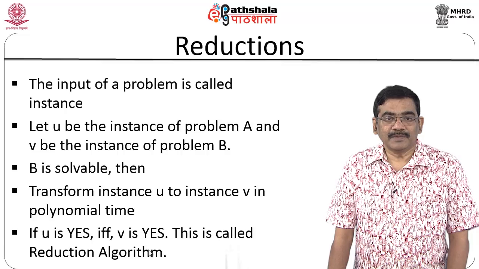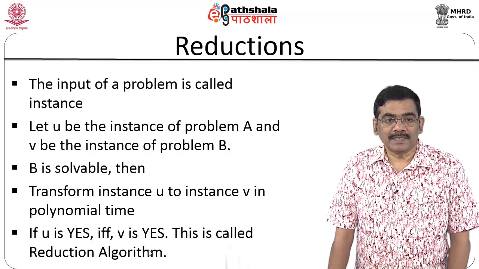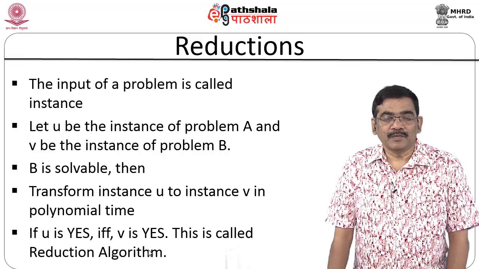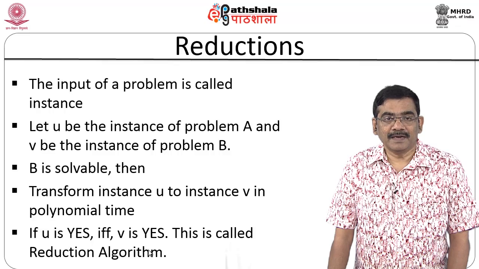The other reduction we discussed is Karp reduction, where the input of the problem is called an instance. We have two problems A and B. U is the instance of problem A and V is the instance of problem B. Problem B is solvable.